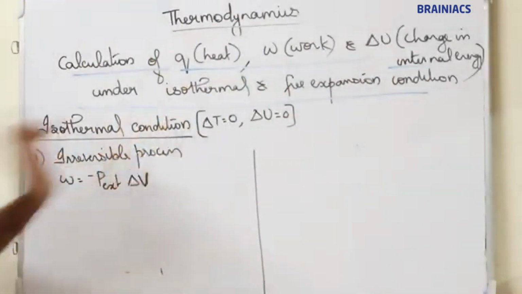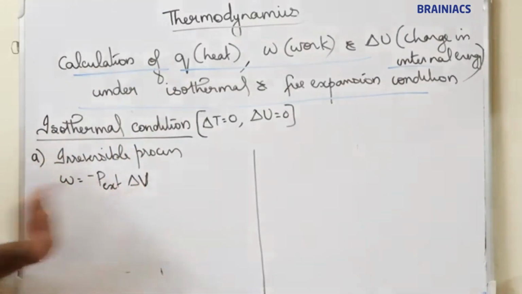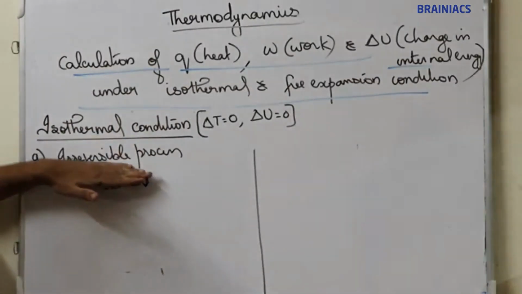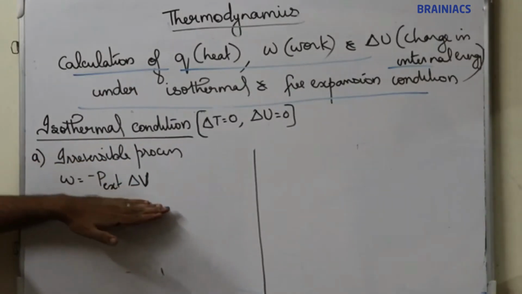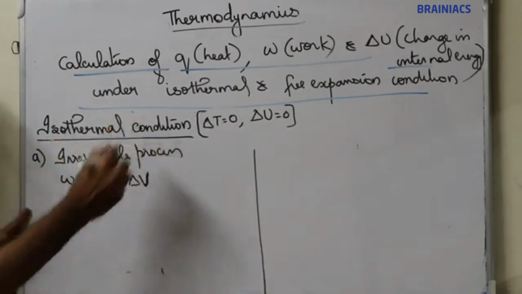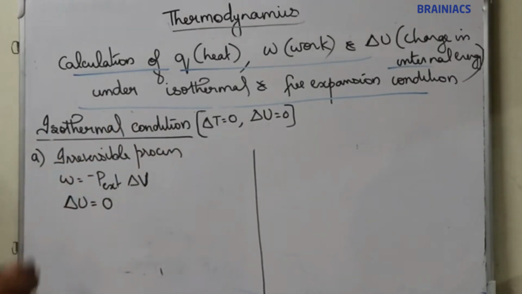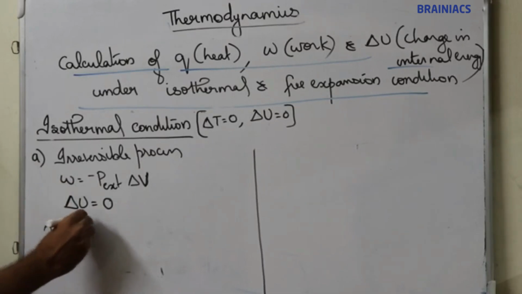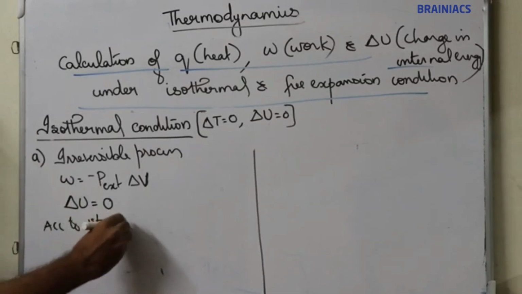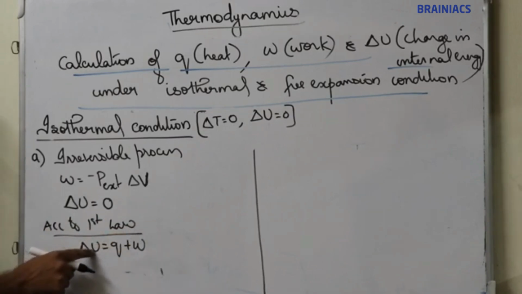So for the isothermal condition, for the irreversible process, W is equal to minus P external into delta V. And delta U, since it is an isothermal process, is equal to 0, right? Now, according to the first law of thermodynamics, delta U is equal to Q plus W. Since delta U is equal to 0, what will be the value of Q?